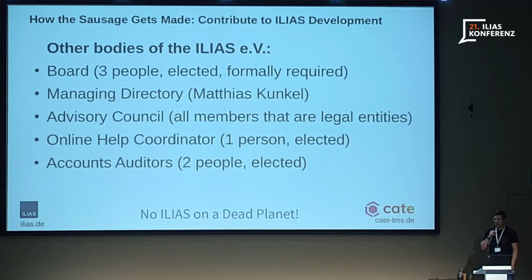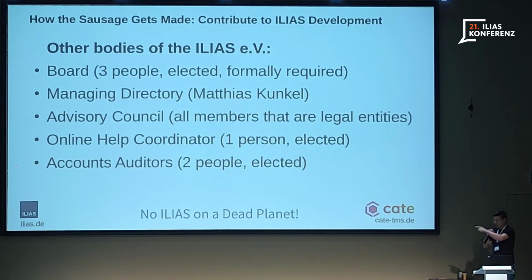I think the next election will be in 2024, and I think it's the same as for the technical board. The society will be very happy if there's actually someone to be chosen upon, and not only 3 people, and you have no choice. We have a managing director, you all know him, it's Matthias, and he is appointed by the board.